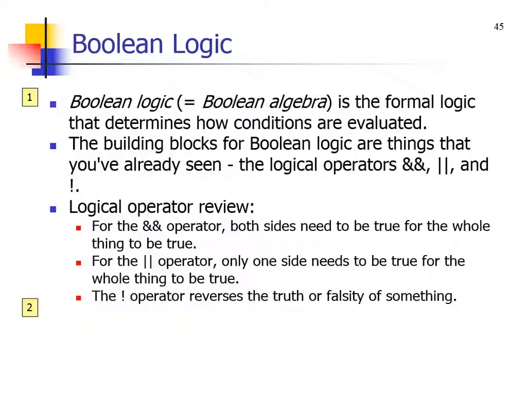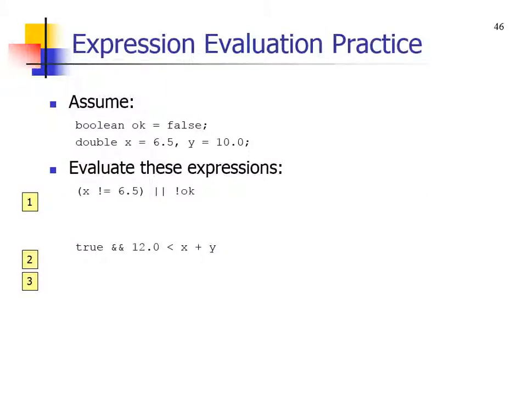Boolean logic is a formal logic that determines how conditions are evaluated by using ands, ors, or nots. All right. X not equal to 6.5 or not okay. Excuse me. So what is this going to evaluate to?